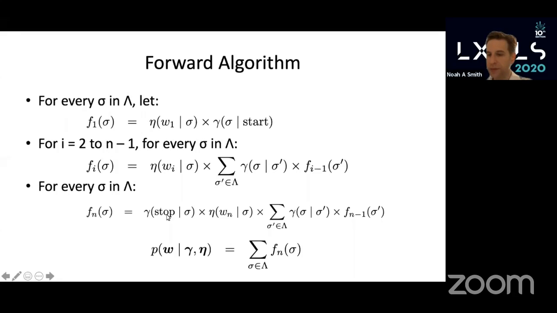And then we do a little bit of extra work, including a stop state transition at position n at the very end of the sequence. And the claim is that if I sum up over all the forward probabilities at position n across all states sigma, then what I get is the total probability of the words summing over all states. I've marginalized out all the state sequences.